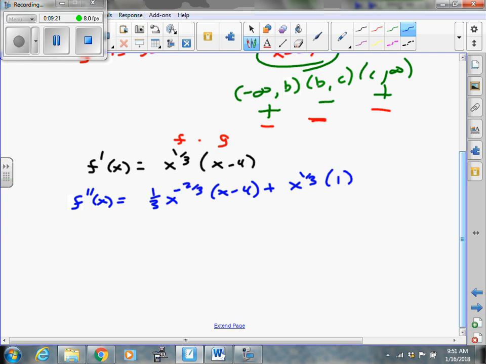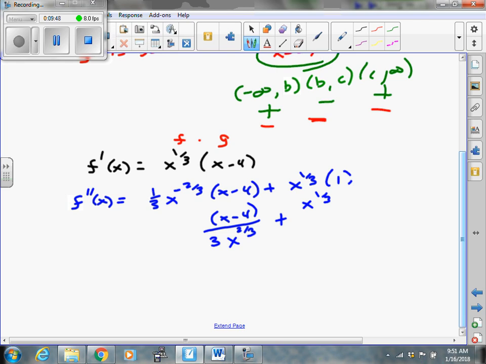Now before I get into setting this equal to 0 or undefined, I want to make sure that it's a single fraction. So I'm going to move this down to the bottom with the 3. So I've got x minus 4 at the top, 3 at the bottom. x to the 2/3 was a negative power, so I moved it to the bottom, and this x to the 1/3 is at the top.